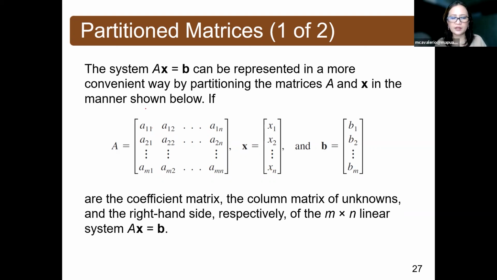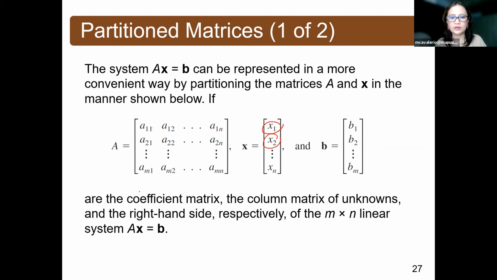Notice that the coefficients of the first column are all x sub 1. The coefficients of column 2 are all x sub 2, and the coefficients of the last column is actually x sub n.